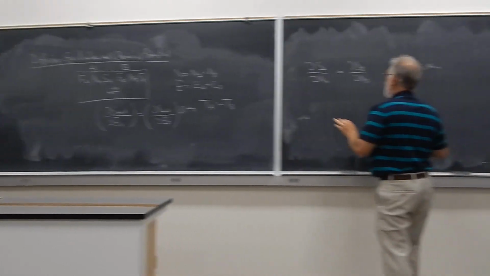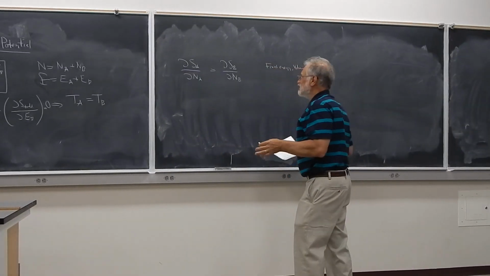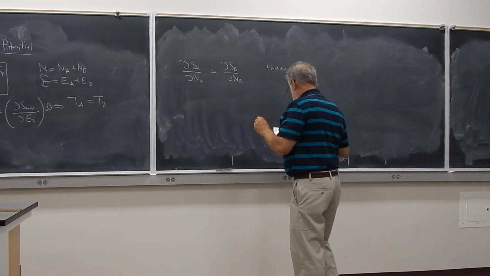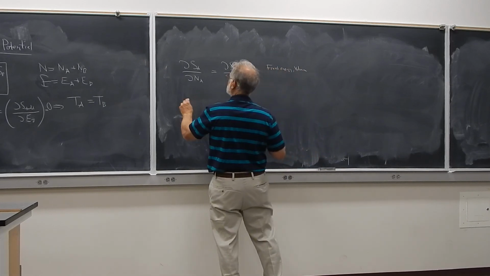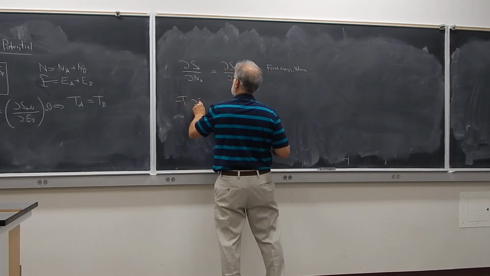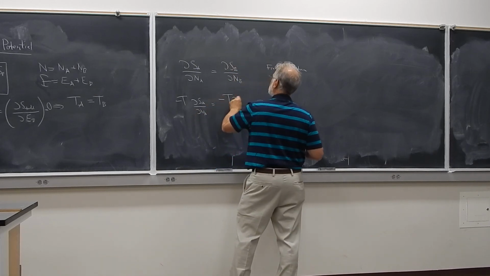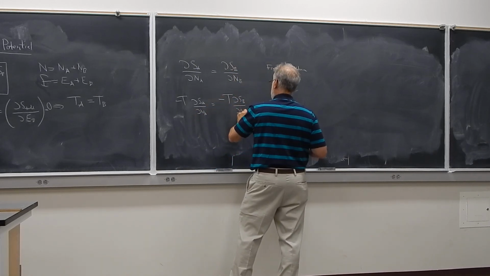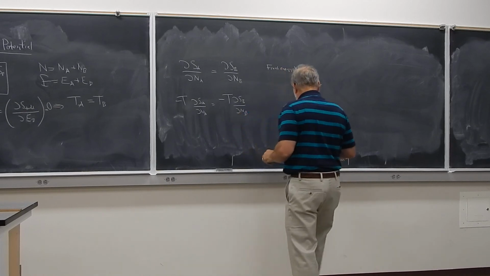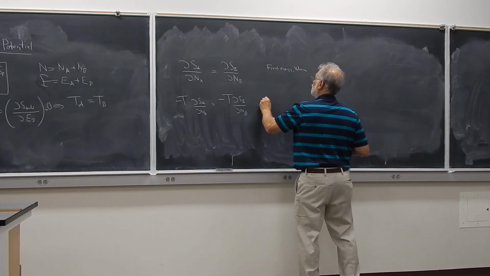That being the case, I like to multiply, for convention's sake, each term by minus T, in fact. So minus T dS_A/dN_A is equal to minus T dS_B/dN_B at equilibrium.